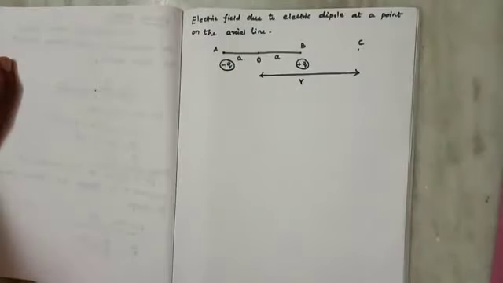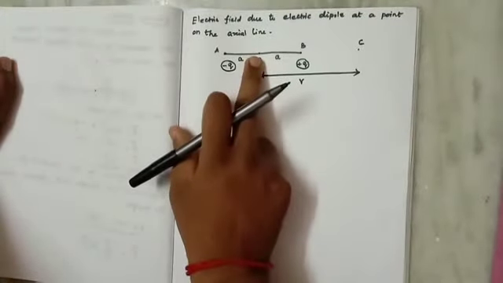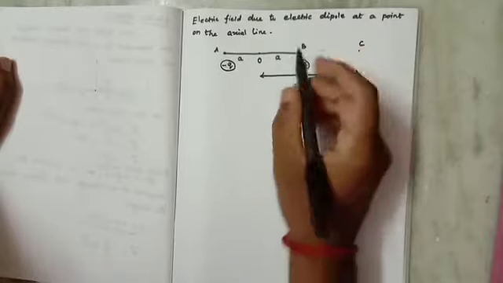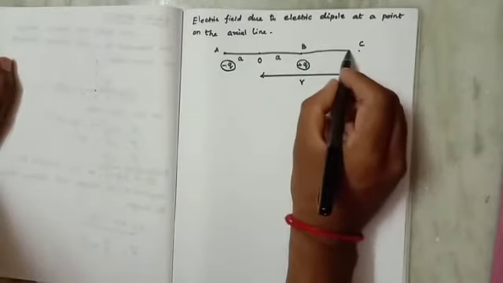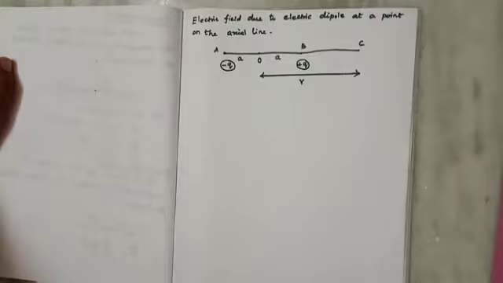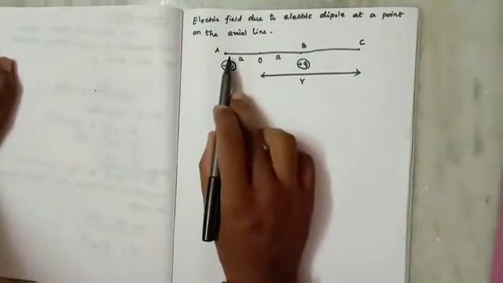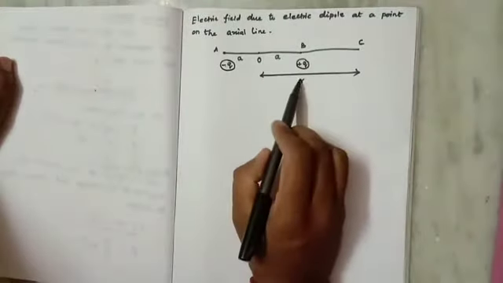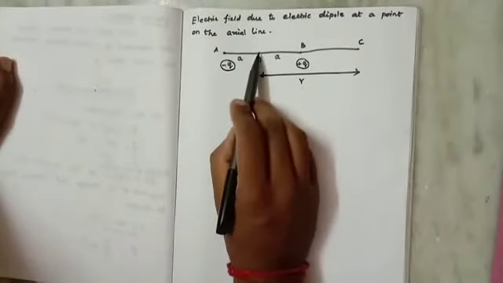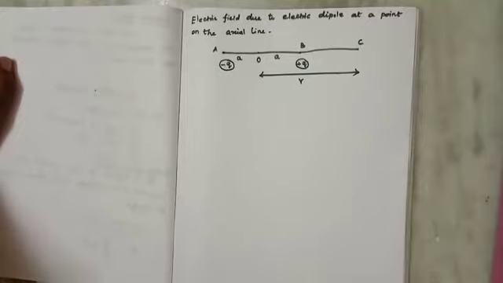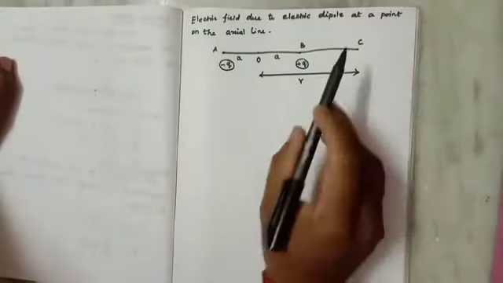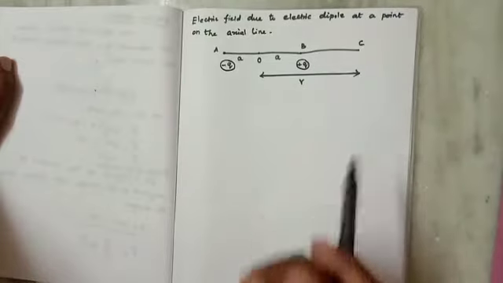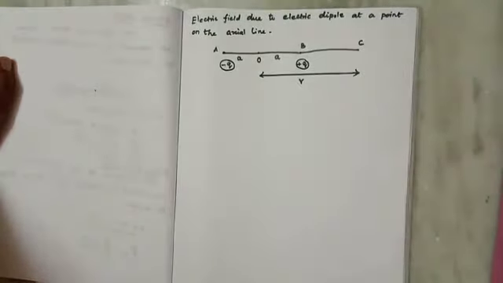Okay students, here we consider the point C is placed along the axis of the minus q plus q. So the electric field due to the electric dipole at a point C, we consider a test charge placed at point C.